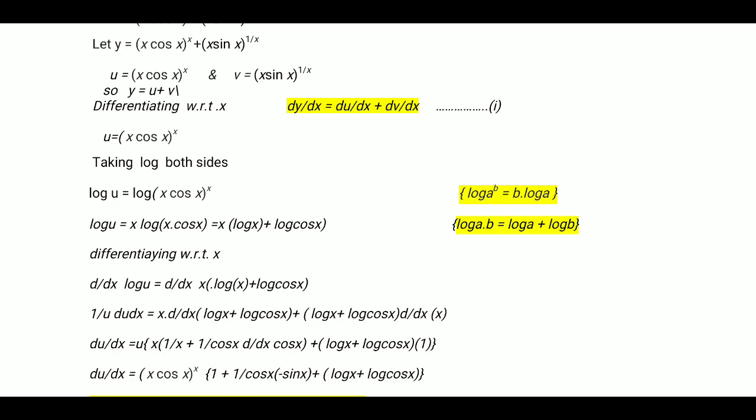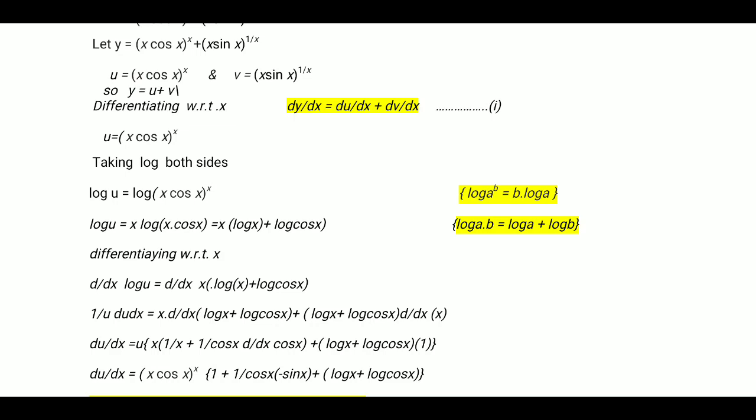Now we differentiate it with respect to x. d/dx of log u is equal to d/dx of x into (log x plus log cos x). x is in multiplication form. So we have here the product of two functions, and its differentiation will be by the product rule.